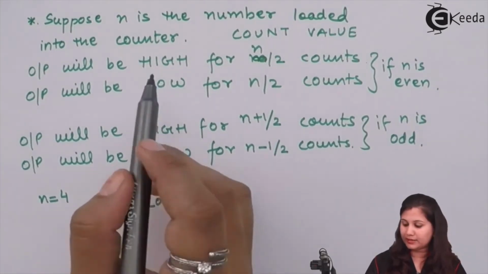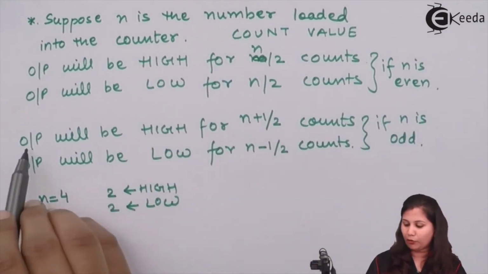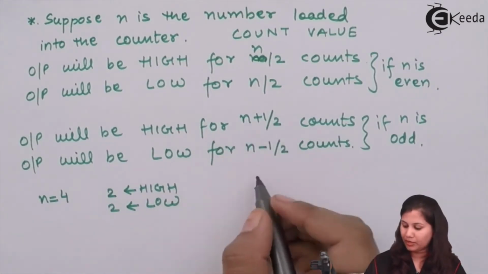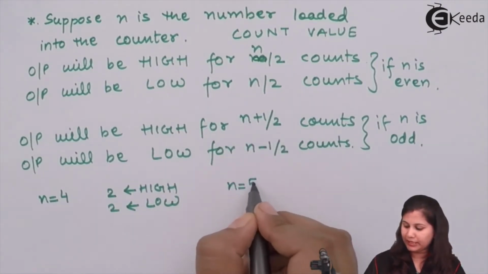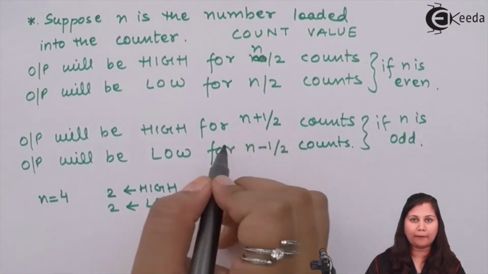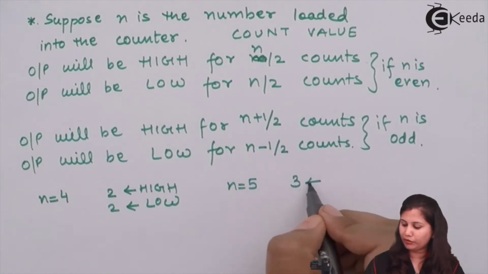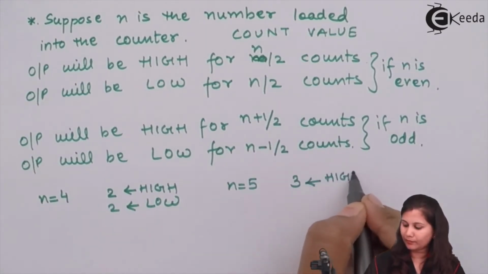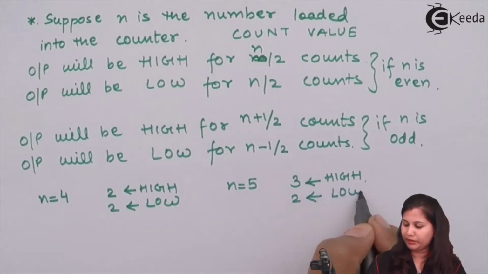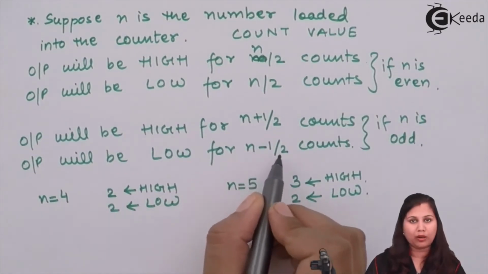Now if this count value is an odd number, then the output will be high for n plus 1 by 2 counts. If we take an example that n is equal to 5, then n plus 1 by 2 means for 3 clock cycles the output will be high, and for 2 clock cycles the output will be low, because the output will be low for n minus 1 by 2.